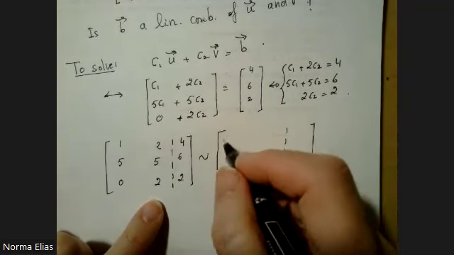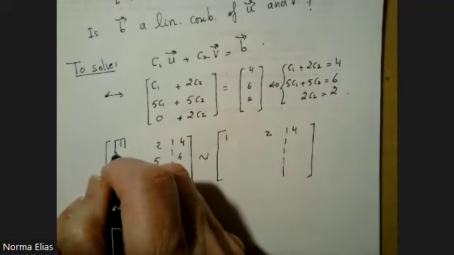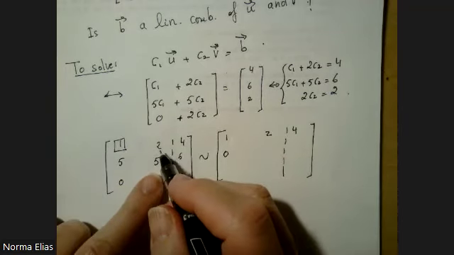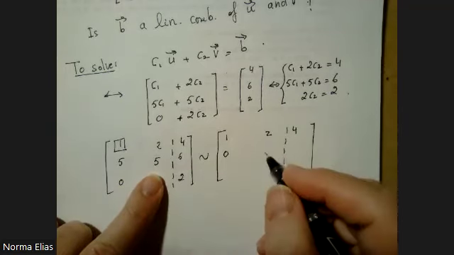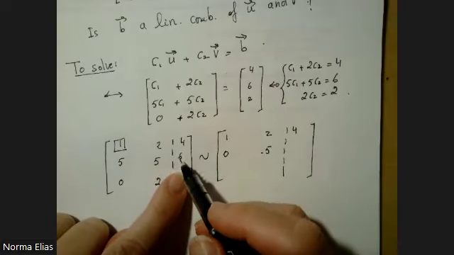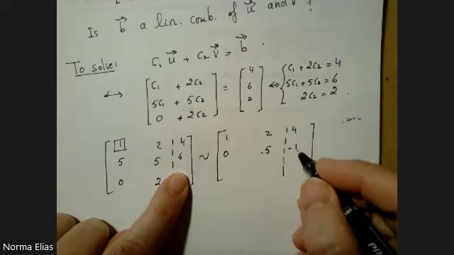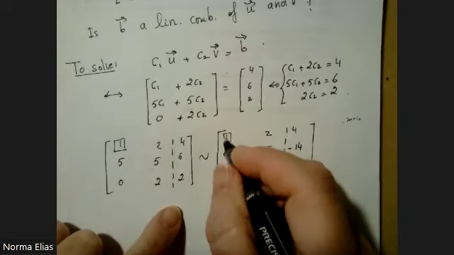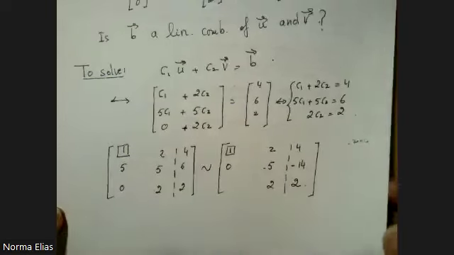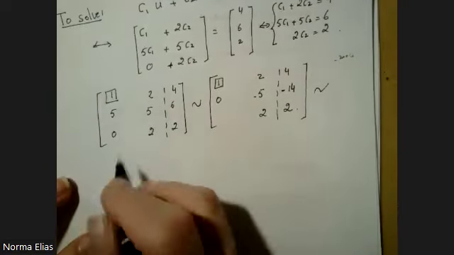So this is going to give me 1, 2, 4. That's my leading one. Everything below it has to be 0. That's going to give me a 0, and then this will give me minus 10 plus 5, and this would give me minus 20 plus 6, which is going to give me minus 14. And this is 2 and 2. Please, if I have any questions, any stupid algebra mistake, let me know.